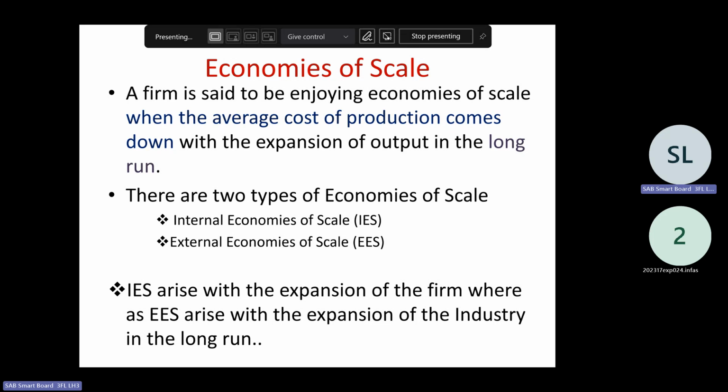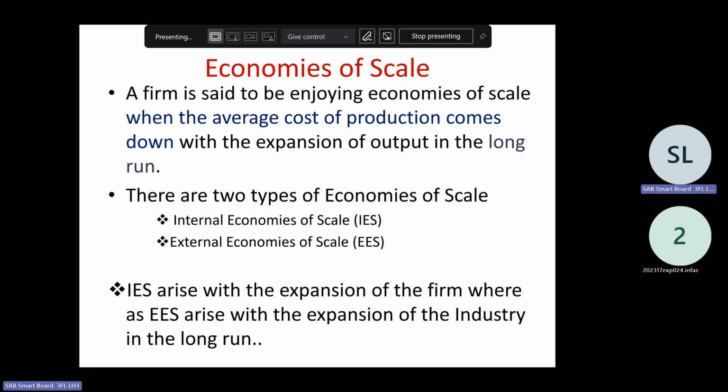As far as the organization, the firm, and the industry are concerned, with the expansion of the scale of the business, what are the benefits passed to the organization? Those are the internal economies within the organization.